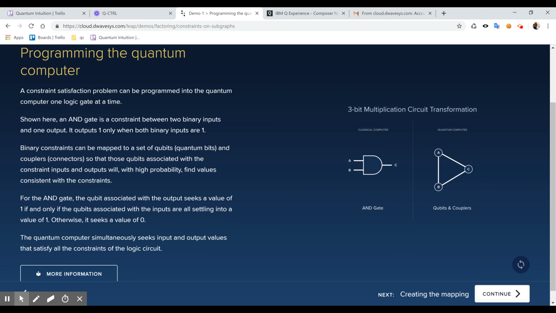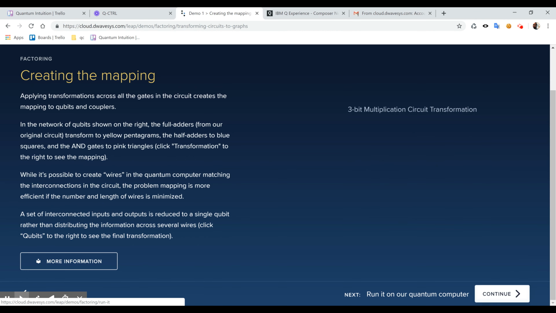For the AND gate, the qubit associated with the output seeks a value of 1 only if the qubits associated with the inputs are all settling into a value of 1. Otherwise, it seeks a value of 0. Yeah. Quantum computer, qubits and couplers. ABC. Next, creating the mapping. Let's see.